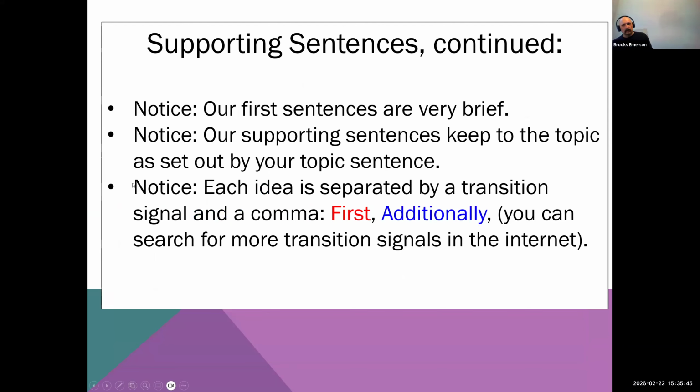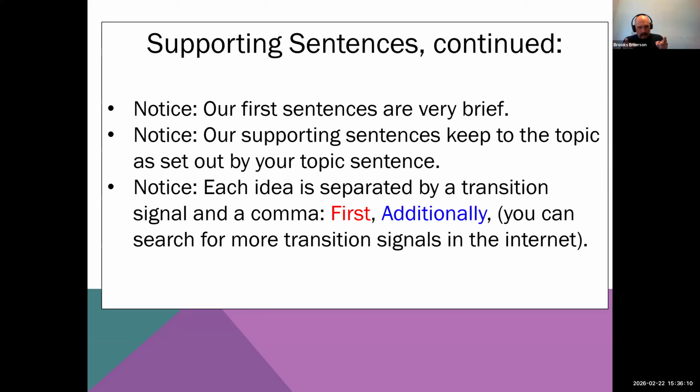So again, notice that of the four sentences, our topic sentence is very brief, and then our first supporting sentence is brief, and then the second one is more intricate or complicated, and your supporting sentences really stay to the topic.